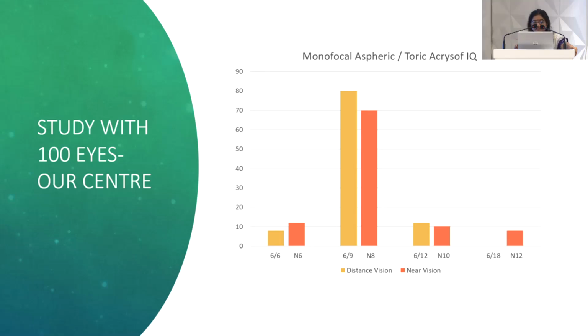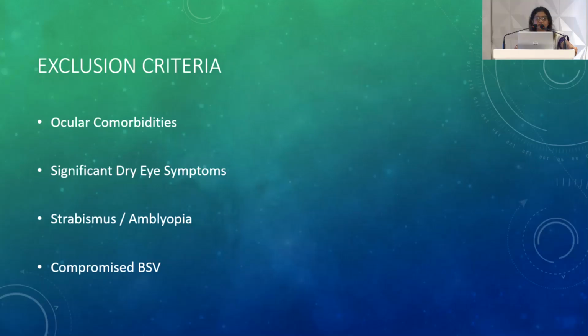I have no financial interest. This was just a study, and we saw that most of our patients came up to 6/9 uniocular and 6/6 binocular, and N8 to almost N6 in most of these cases.